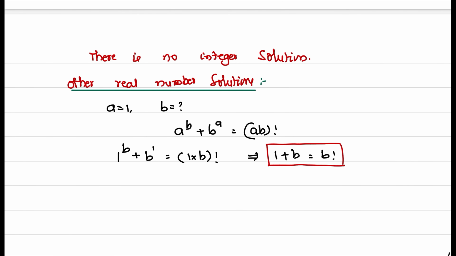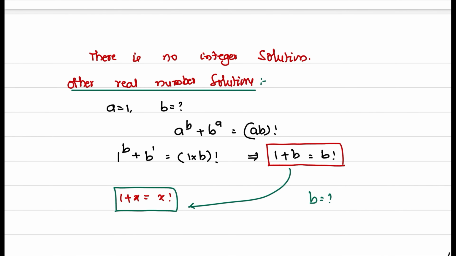Just imagine, in the last lecture, I have solved one example problem, that is solution for 1 plus x is equal to factorial x, which is similar to 1 plus b is equal to factorial b. b is equal to how much? Please see my last lecture, and see what is the value of x.